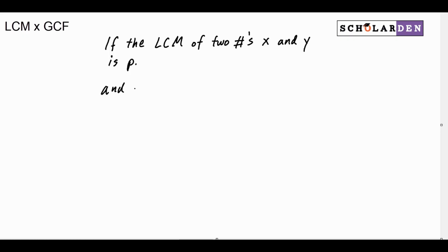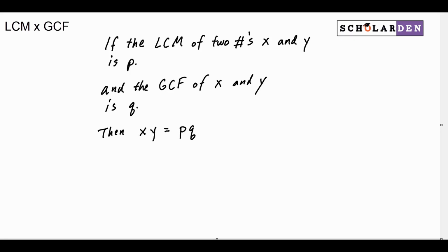So we can say, if the LCM of two numbers x and y is p, and the GCF of the same two numbers x and y is q, then x times y will equal p times q.